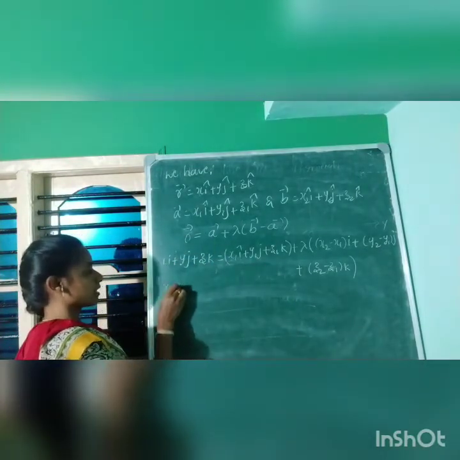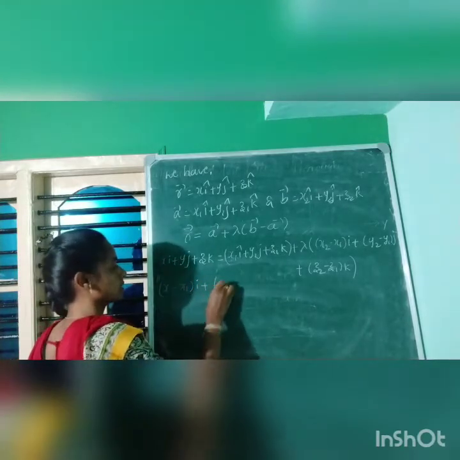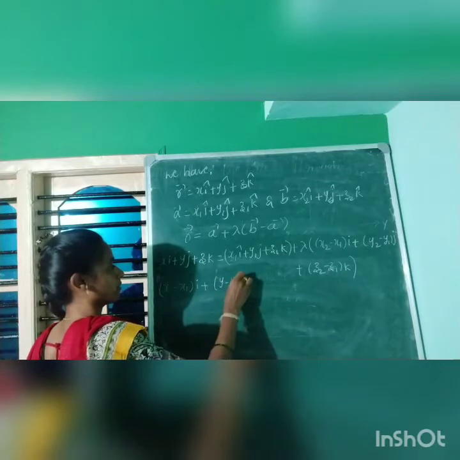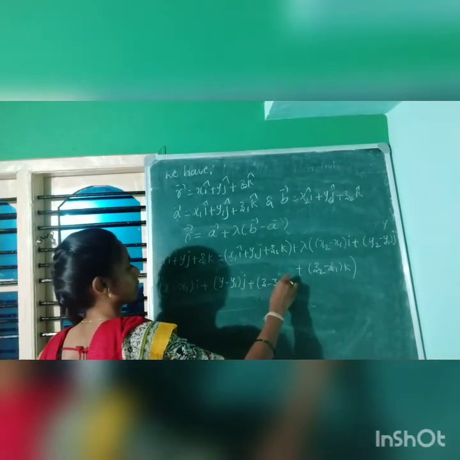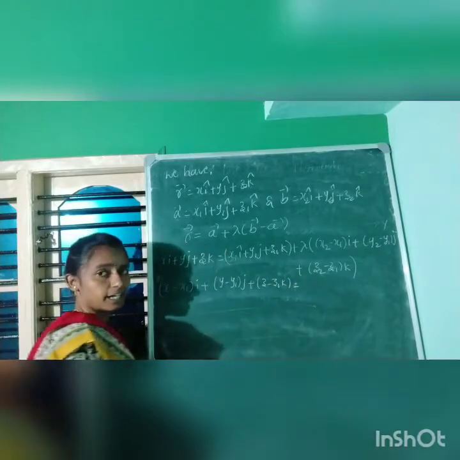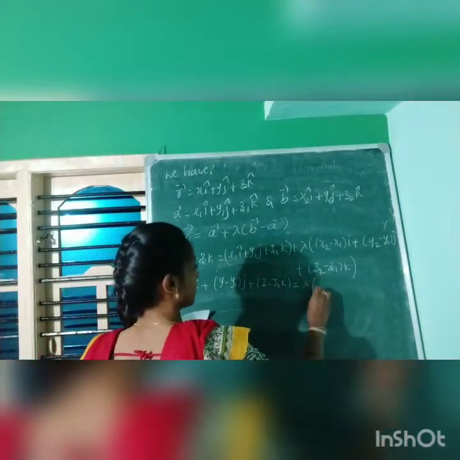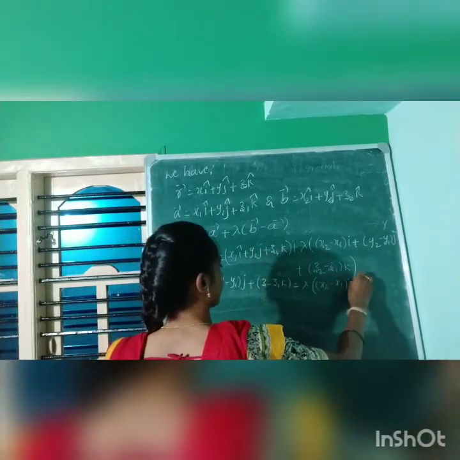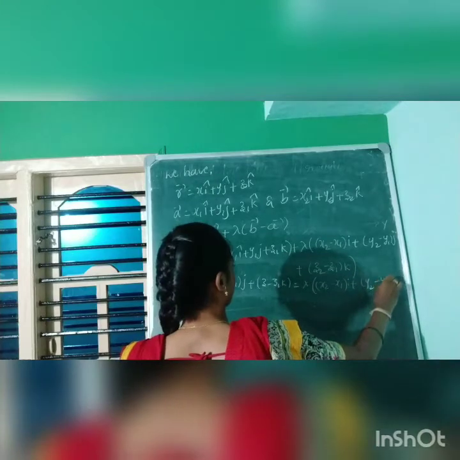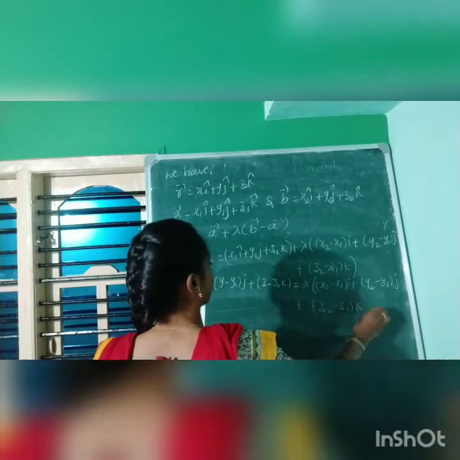It will be (x minus x1) i plus (y minus y1) j plus (z minus z1) k, and in the RHS we have lambda times (x2 minus x1) i plus (y2 minus y1) j plus (z2 minus z1) k.